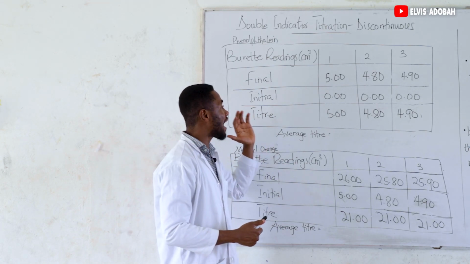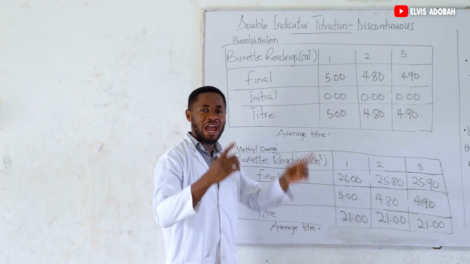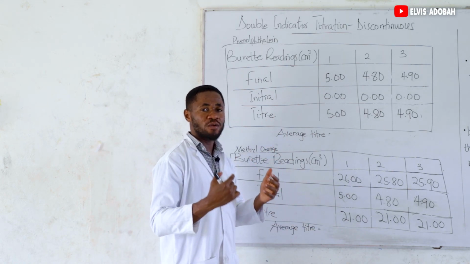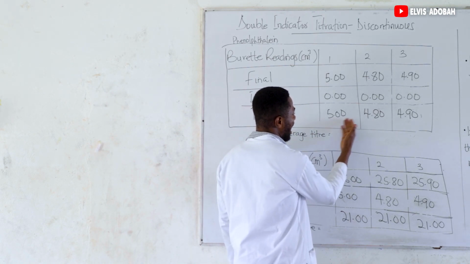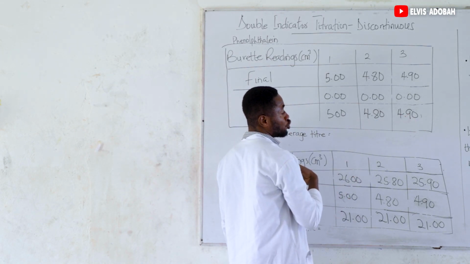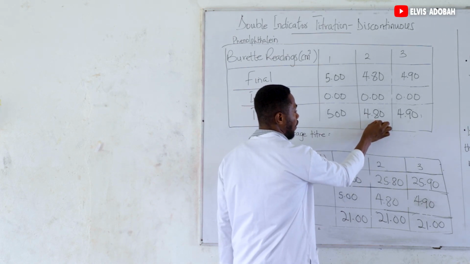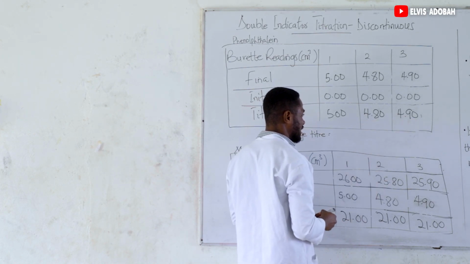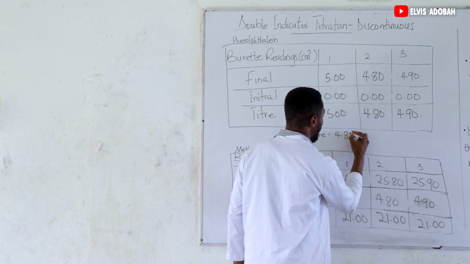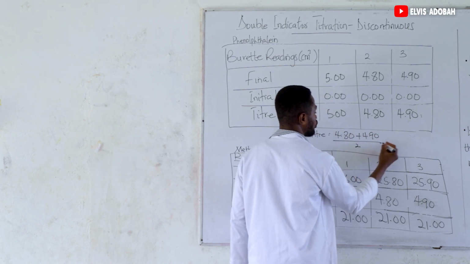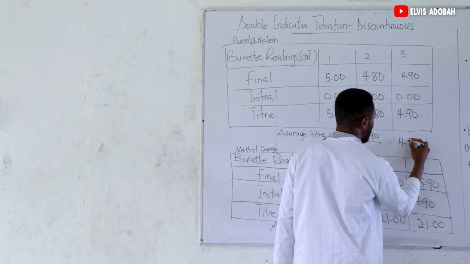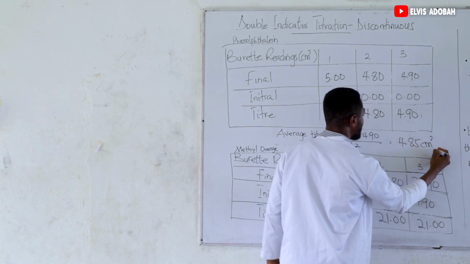Now, to calculate the average titer, we need any 2 values from the table that are consistent. So you realize they are all consistent. So I'm going to choose the ones that are more consistent, 4.80 and 4.90. So 4.80 plus 4.90 all divided by 2. And I'm getting 4.85 centimeters cubed.